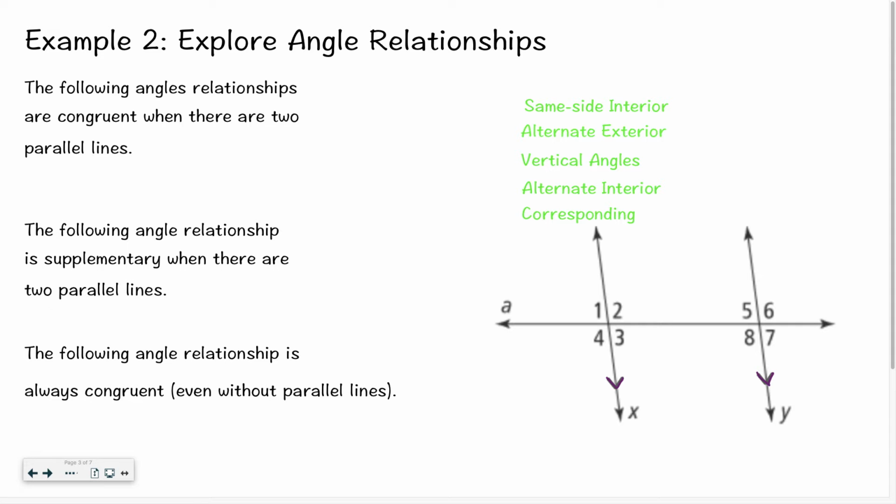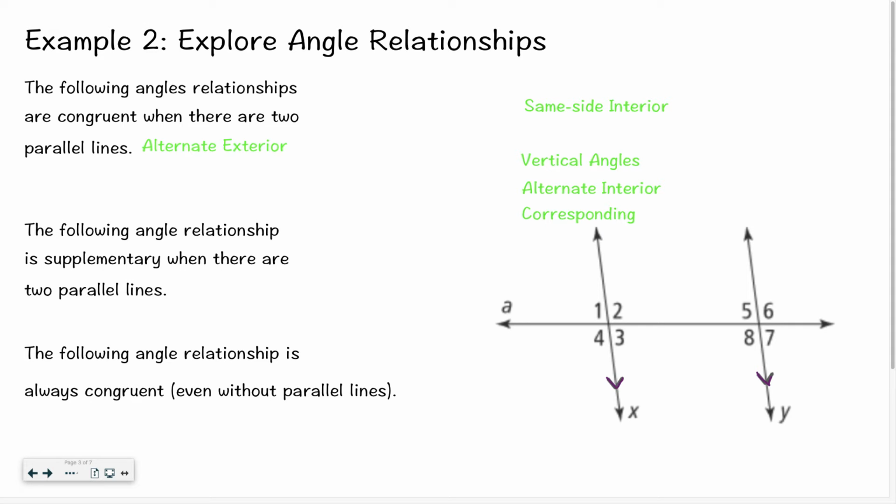The angles that are congruent would be alternate exterior, so angle 1 and angle 7, or angle 6 and angle 4.